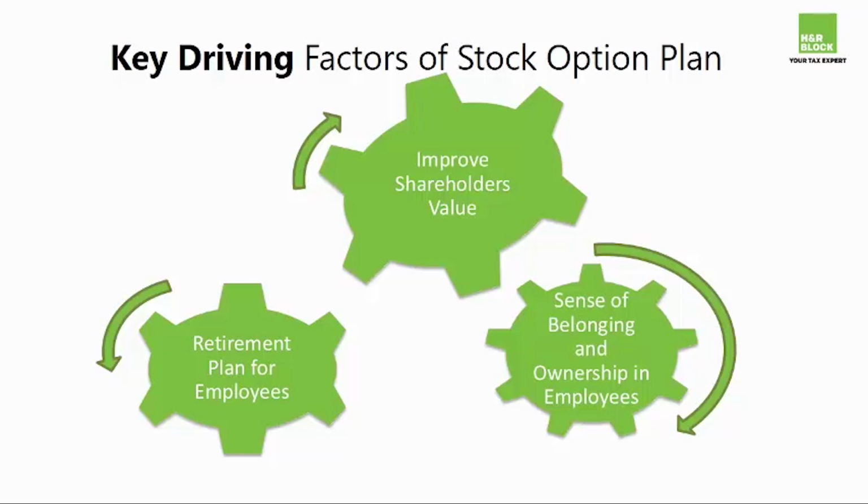Once an employee is granted a particular number of stock options to acquire shares, he feels like an owner of that company and he puts effort in that direction for the growth of the company so that he also gets rewarded out of that. So it creates a sense of ownership or belonging to the company.